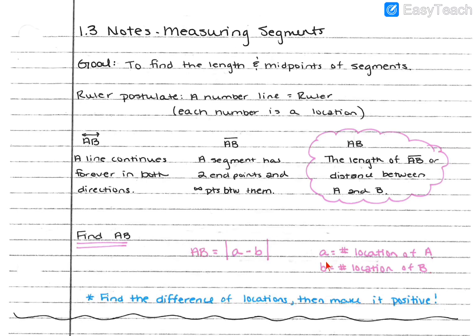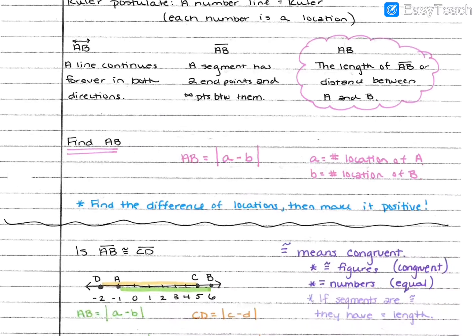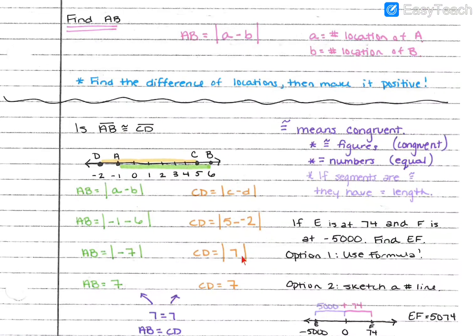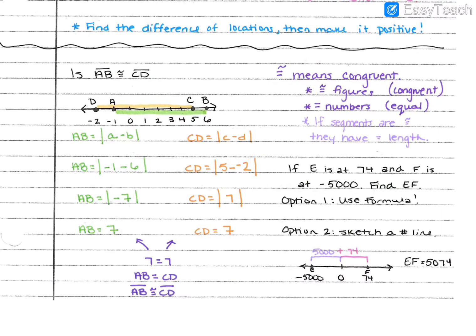Over here, A is the number location of point A, and little b is the number location of point B. So we're finding the difference of the locations, and then you make it positive because distances cannot be negative. That's one of the reasons why some people like geometry, because we don't deal a lot with negative numbers and crazy numbers. Geometry is a positive math.